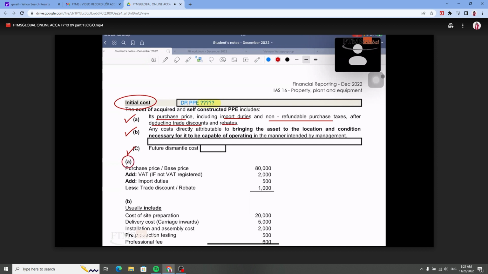Purchase price add VAT, add import duties, less trade discount, right? So if I just do a calculation, I will get about 81,500.